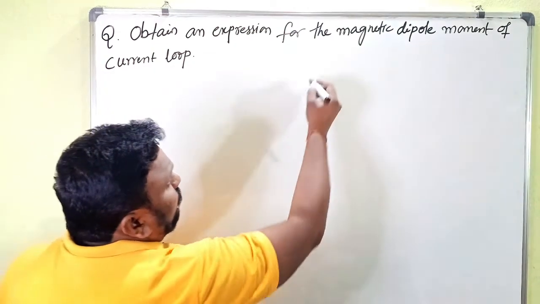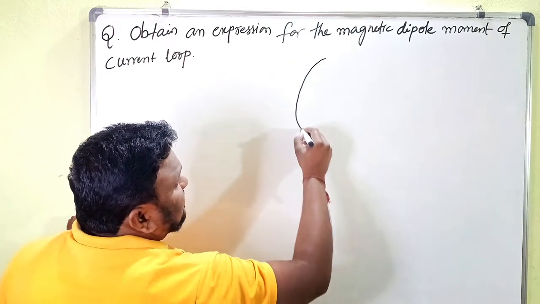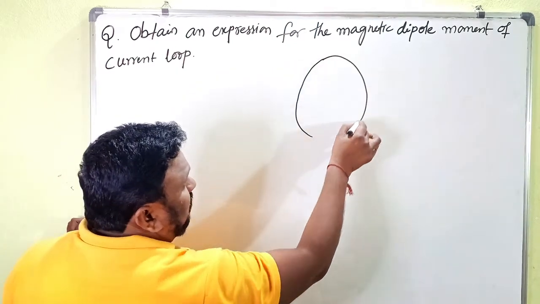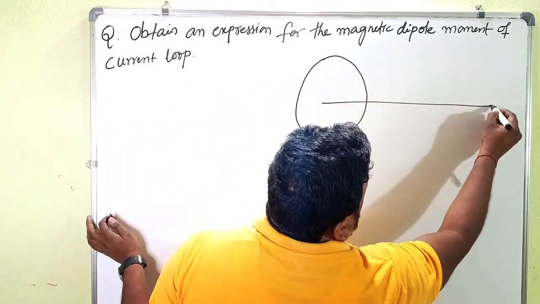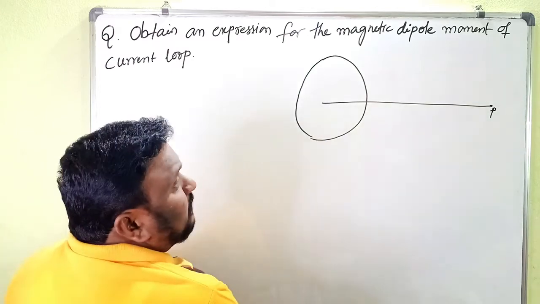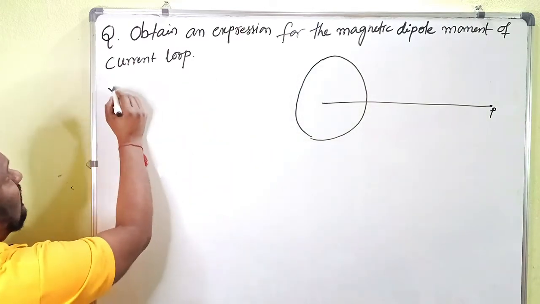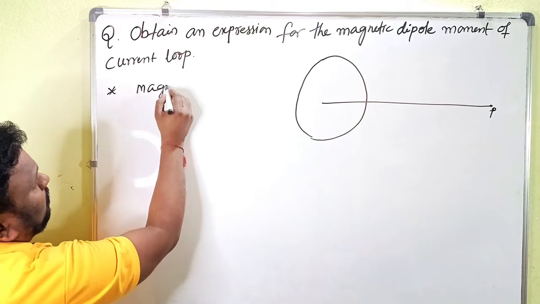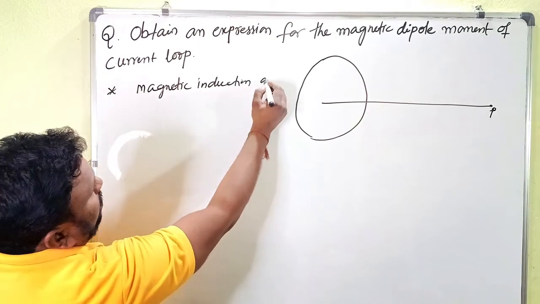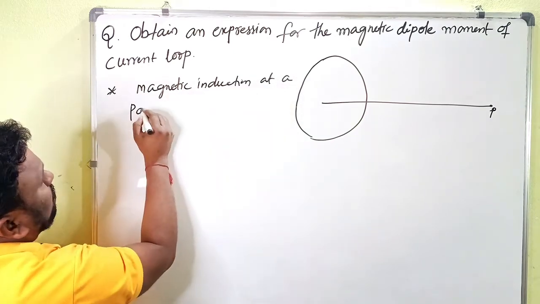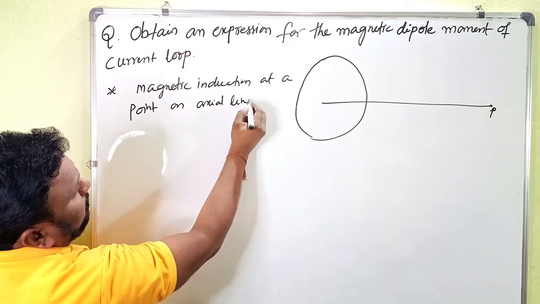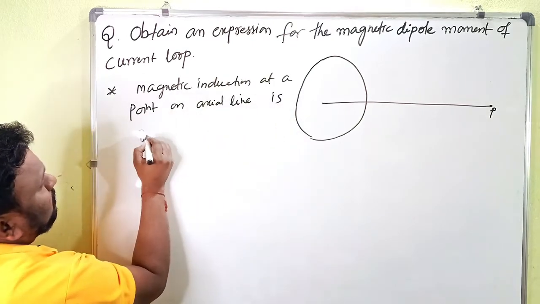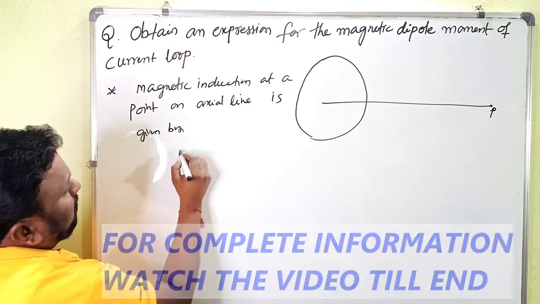Very simple, children. We know that this is a circular coil that has some radius r, and on the axial line at one point, the magnetic induction at a point on the axial line is given by, what is the formula, children?